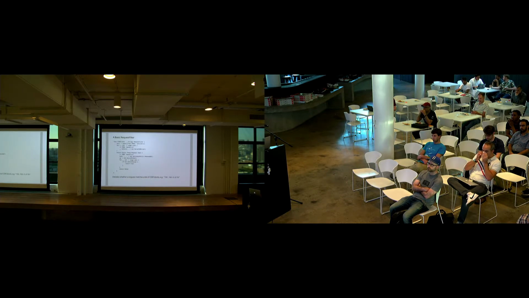So here's a really simple implementation of a request filter. This is probably the longest block of code that I'm going to put up on the screen today, but it's not the most interesting. Essentially, this is a function that takes in a list of CIDR blocks, which look like this down here if you're not familiar. It's essentially a range of IP addresses. And it's going to return a request filter. It's going to enclose the CIDRs that we've passed in.